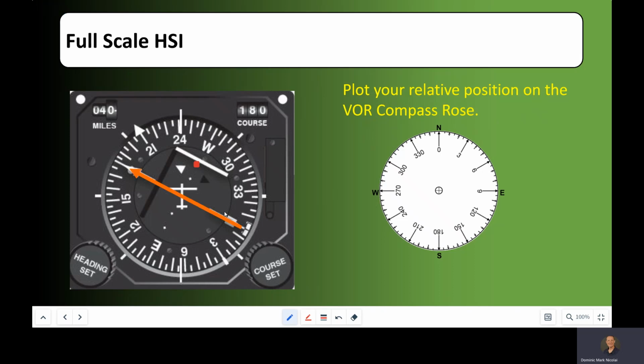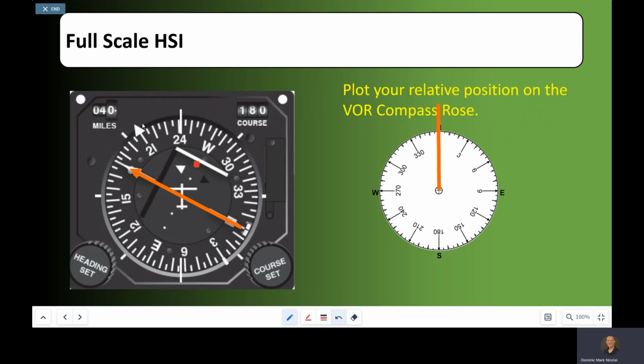So my course line that I'm going to put on the VOR is right there. But I know I'm more than 10 degrees away from that course line. I do know that I have to go in a westerly direction to get to course. Well, that helps me identify that I'm somewhere in this quadrant here, okay? But I need to be a little bit more specific on it.